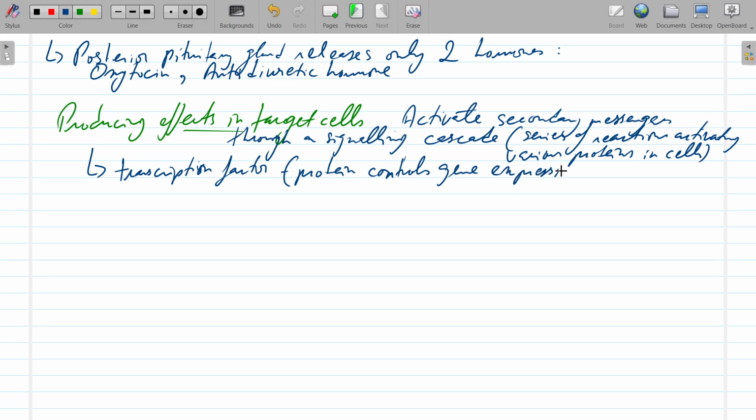So we know that the nucleus of the cell has DNA, and DNA is composed of nucleotide bases. It has sequences, and a certain stretch of nucleotide bases is called a gene because it codes for a certain protein. Controlling gene expression means controlling whether or not that gene will be activated and produce its protein through transcription and translation or not. So basically switching genes on and off.